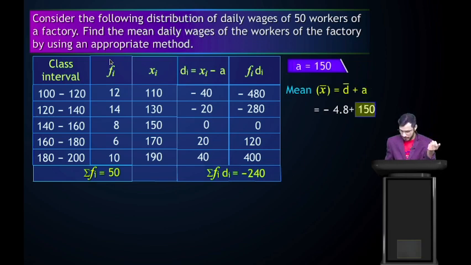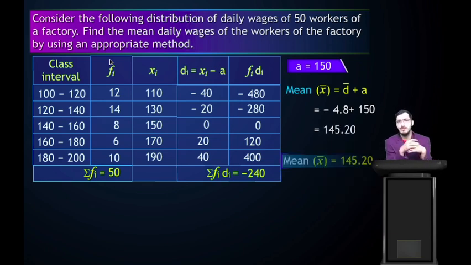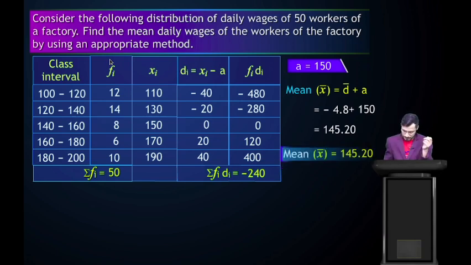So 150 minus 4.8, that is 145.20. Then we can find the mean by using the assumed mean method, and it's pretty simple.